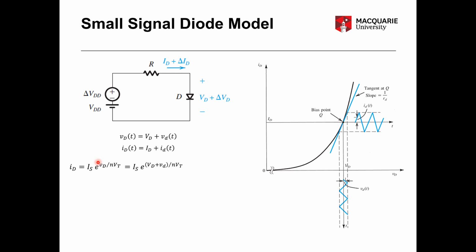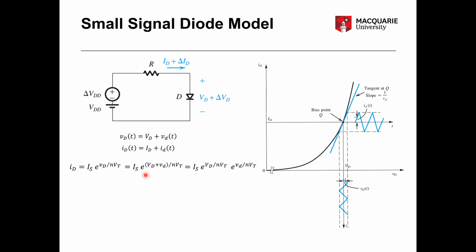So if this is for our instantaneous voltage of VD, that is the small v large d, then we can show that that's also, based on the equation up here, equal to IS exponential the large VD plus the small signal VD over NVT.